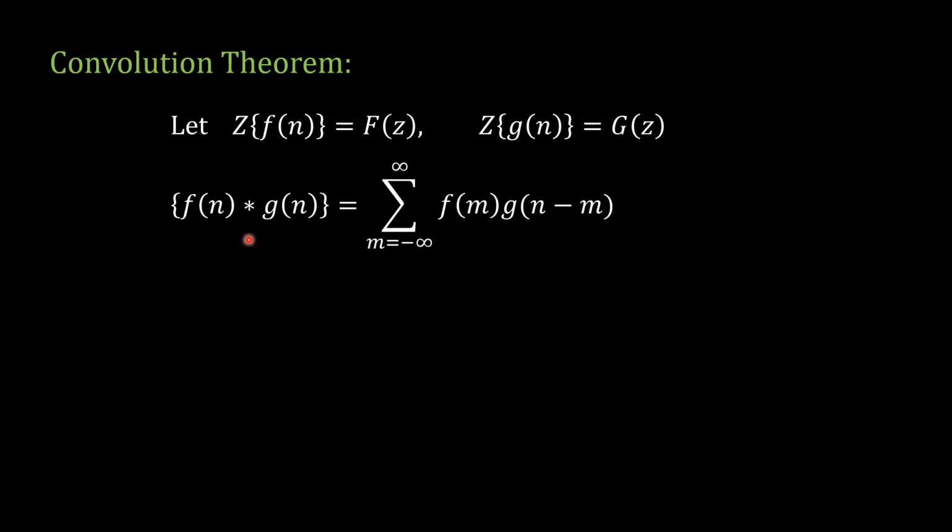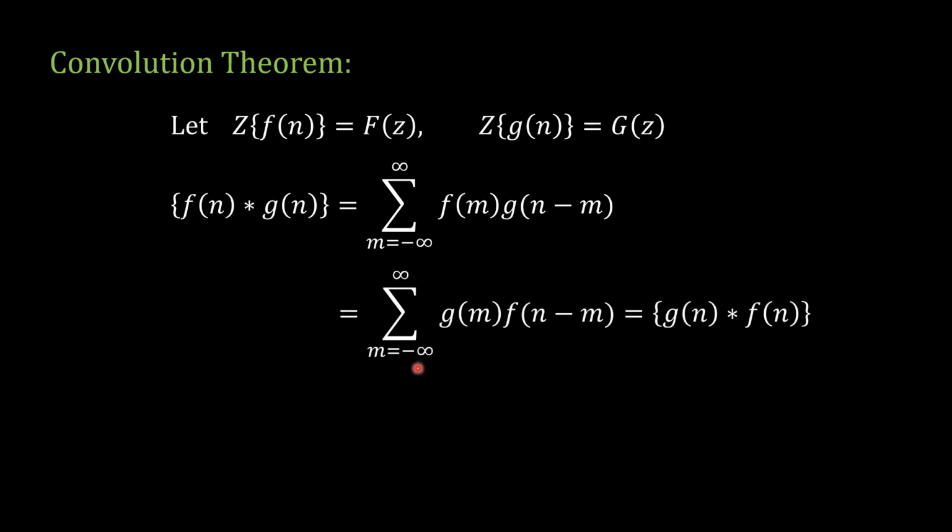And the last theorem is the convolution theorem. Suppose there are two sequences f of n and g of n whose z transforms are f of z and g of z. Then the convolution of these two sequences is defined as f of n star g of n, which is defined as summation m runs from minus infinity to infinity f of m g of n minus m, or it is similar to summation m runs from minus infinity to infinity g of m f of n minus m, which is again the convolution of the sequence g of n star f of n.